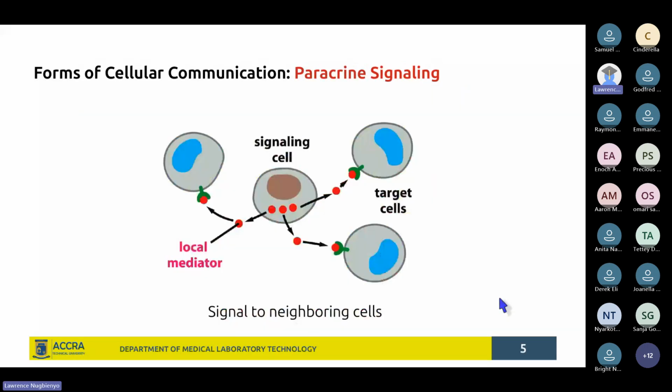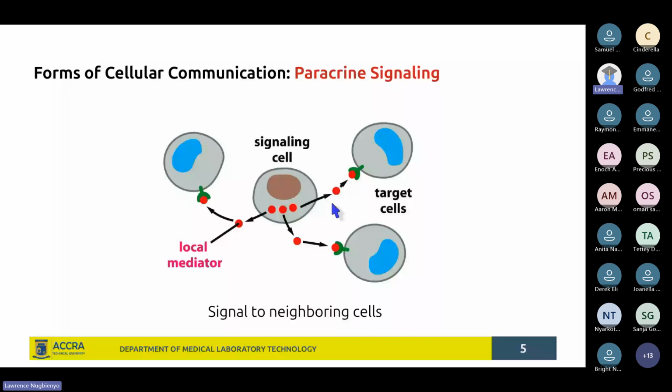Then we also have what we refer to as the paracrine signaling. In this, you have a signaling cell. So you see a signaling cell at the center, which secretes some signaling molecules, and these signaling molecules are for signaling other cells nearby. So these cells are not far away, they are nearby, and the signaling molecules bind to receptors on these cells that are nearby.